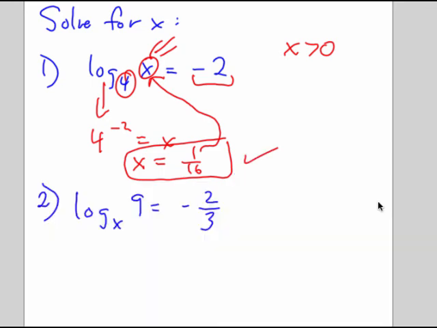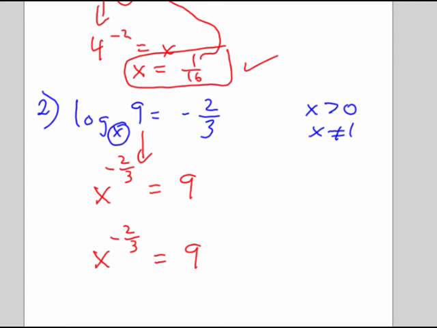All right, and one more question, but this time we have our x in another position. Our x is the base. Now we got to keep in mind here that restrictions for the base, if you go back to the definition, are that x must be greater than 0 and x cannot be 1. Alright, so let's apply our definition. We could say that x to the negative 2/3 is equal to 9. Alright, so what I'm going to do to remove the negative 2/3 exponent is I can raise both sides to the negative 3/2 exponent.